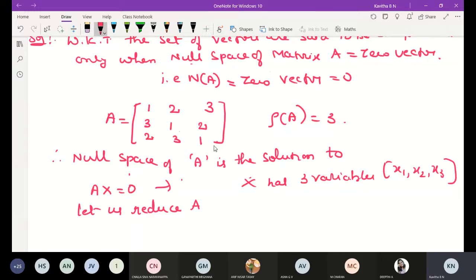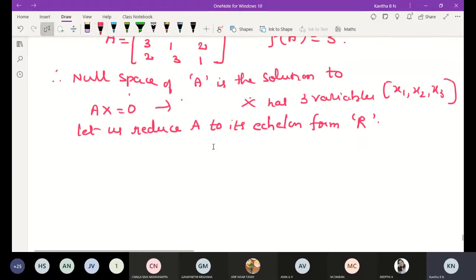Let us reduce A to its echelon form. The given matrix is 1, 2, 3, 3, 1, 2, 2, 3, 1. Using the first element we make the entries below it 0.